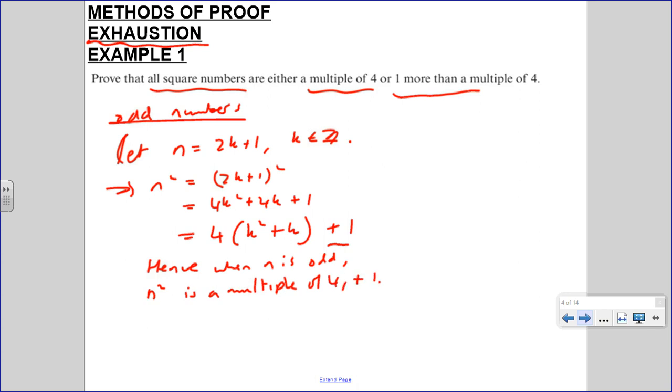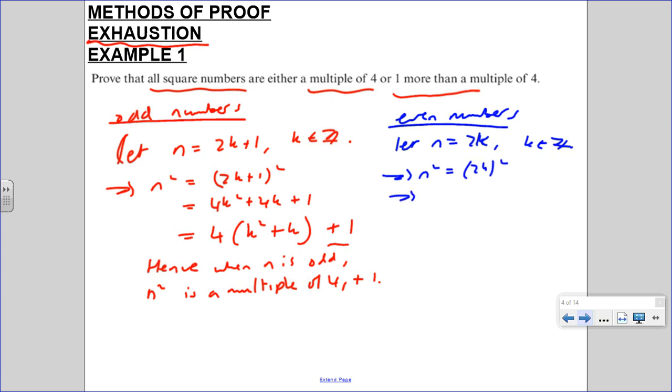Can you see? At the end. So we're doing exhaustion because it's either an odd number or an even number. So now we have to prove it for even numbers too. So even numbers, let n be 2k instead of 2k plus 1, where k is an integer. And therefore n squared is 2k squared. So n squared is 4k squared, which you can take out a factor of 4 of, okay?